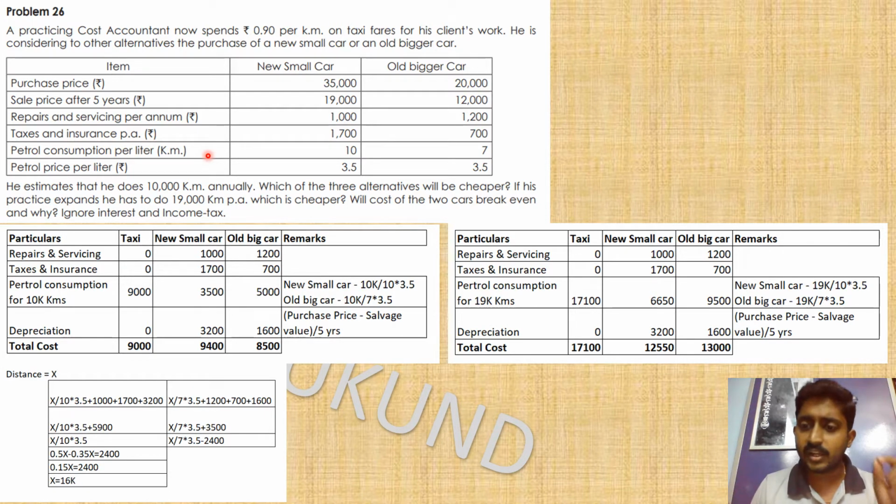So in 1 liter of petrol, how many kilometers can it go? That is also given: 10 kilometers per liter and 7 kilometers per liter. And the petrol price per liter is also given, 3.5 and 3.5.